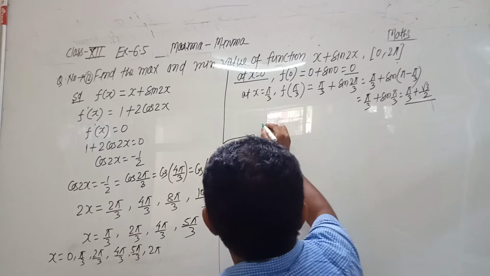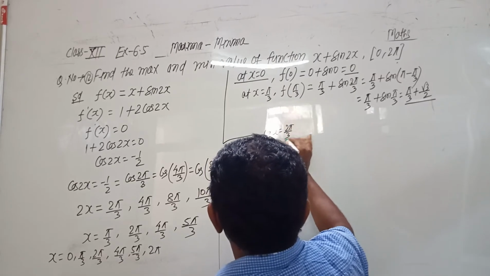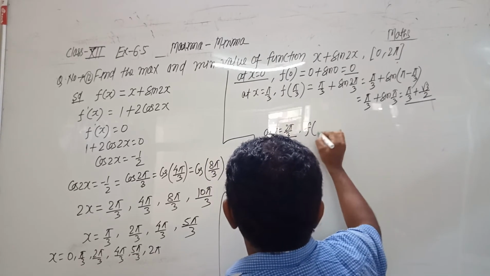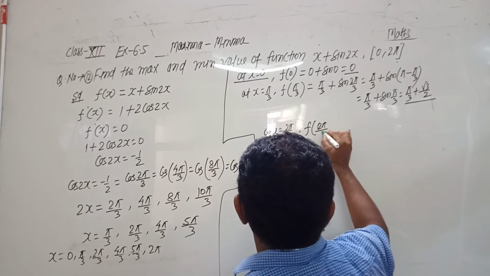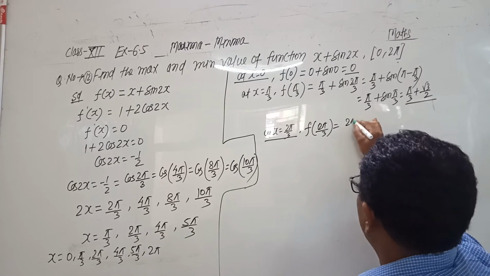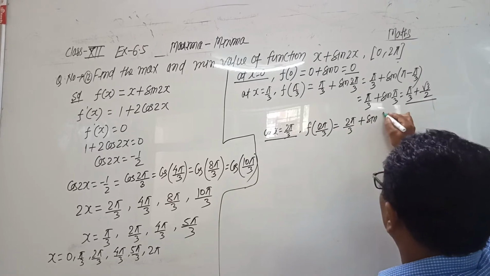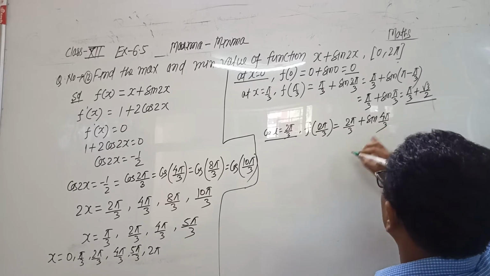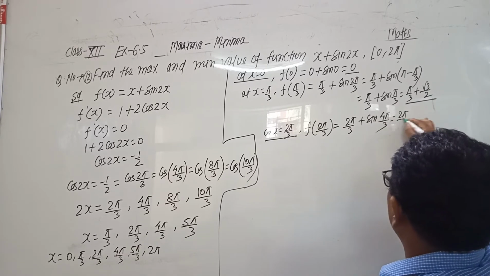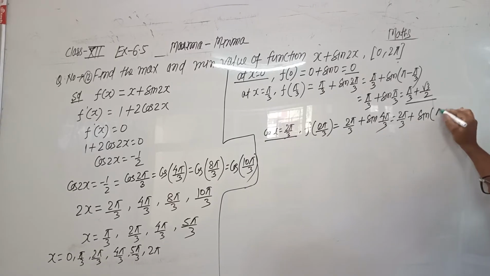Now at x equals 2 pi by 3, f of 2 pi by 3 equals x, meaning 2 pi by 3, plus sine 2x, meaning sine 4 pi by 3. So 2 pi by 3 as it is, and sine 4 pi by 3 is written as sine of pi plus pi by 3.